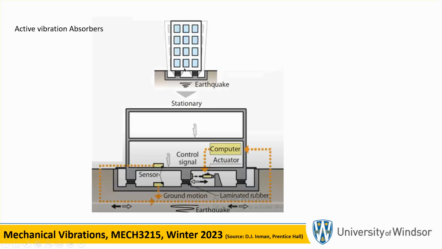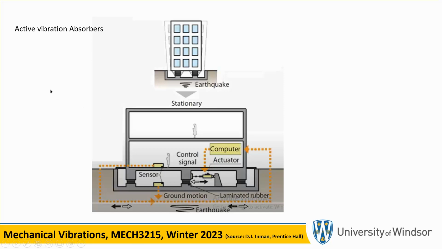However, this is called passive vibration control. Now, there are active vibration controls that require an actuator. Of course, you need a sensor to pick up the vibration, and when it has to activate the actuator. So when the building tries to, for example, move to the right, just hypothetically, this actuator pushes it to the left.